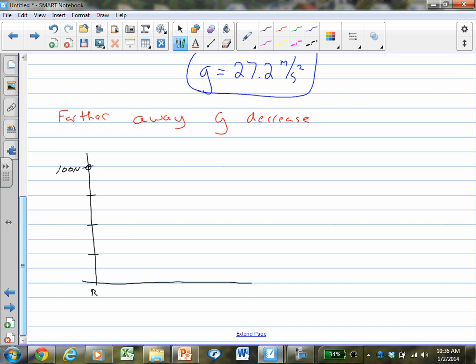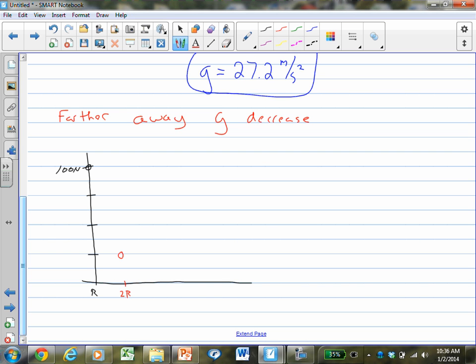But if you were to move out to a distance of 2r, 2 times the radius of Earth, you would be doubling the distance, and g would be reduced by 2 squared, or 4 times. So you would be only at 25 newtons right there.